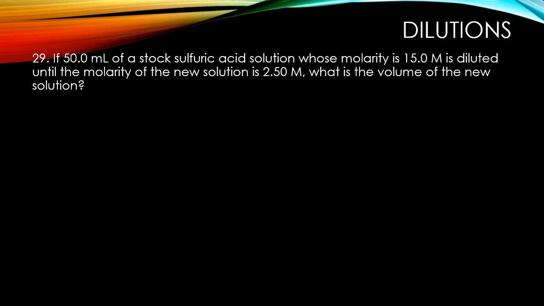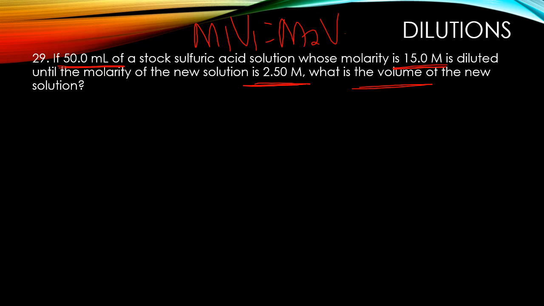Number 29. If 50 milliliters of a stock sulfuric acid solution whose molarity is 15 molar is diluted until the molarity of the new solution is 2.5 molar, what is the volume? M1 V1 equals M2 V2. We've got two molarities. We're looking for a second volume. It's this formula.